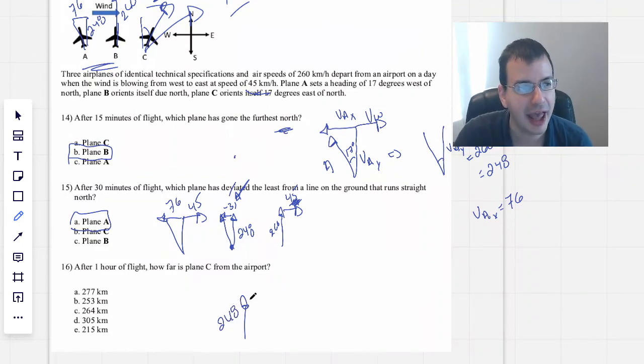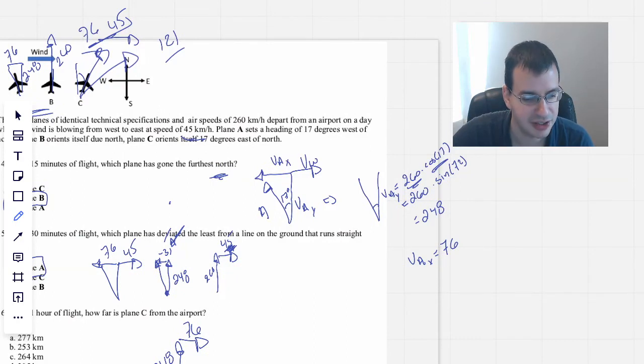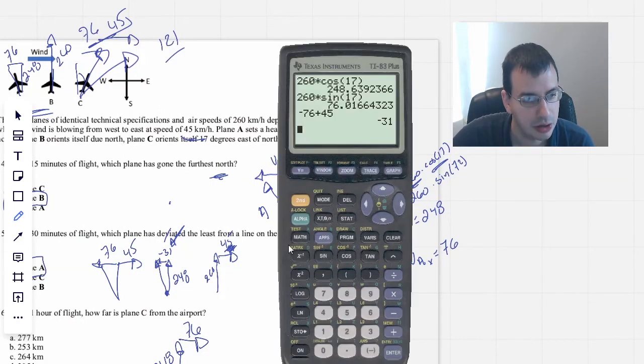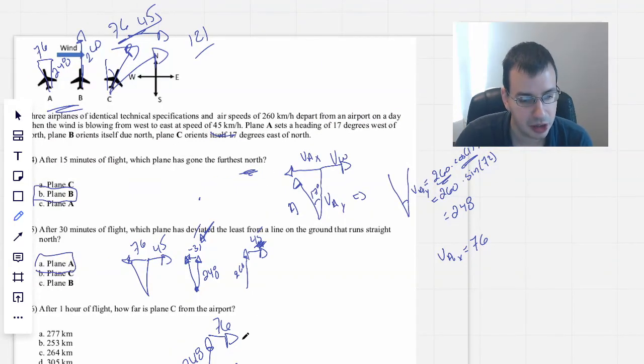And then we have 76 from the, let's see, check that real quick. And that should be the sine of 17. So 260 times the sine of 17 is 76. Yep. And then we're also going to add on the component from the wind, which would be 45.